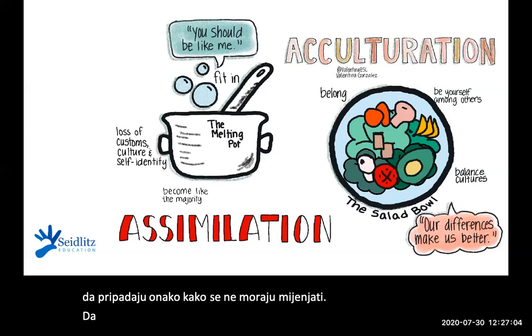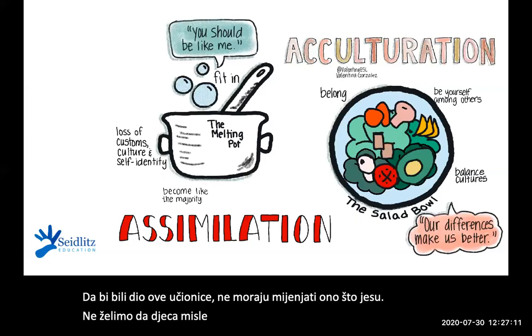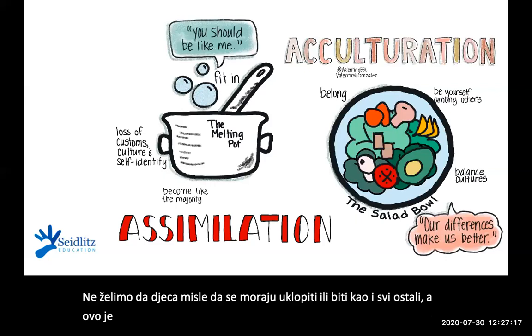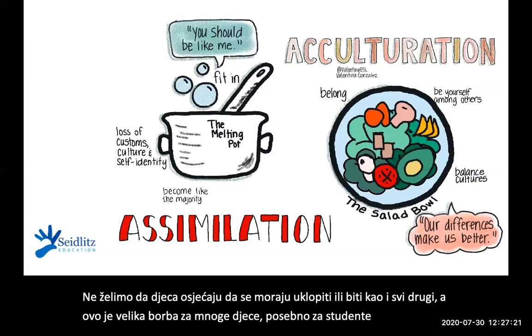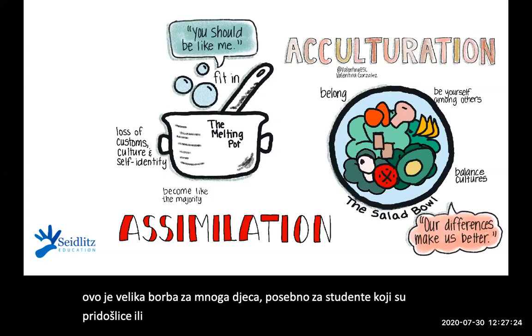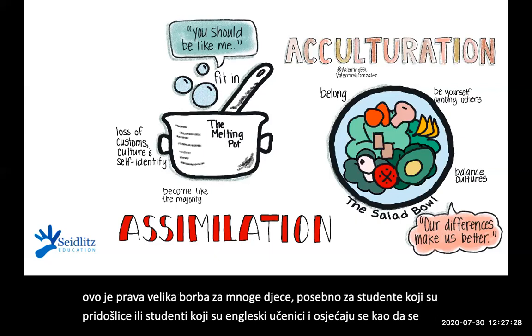They don't have to change who they are. We don't want kids to feel that they have to fit in or be like everybody else. And this is a real big struggle for many kids, especially for students who are newcomers or students who are English learners and feel like they have to fit in to be like the rest of the kids.